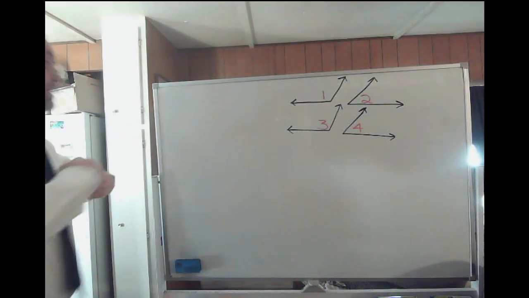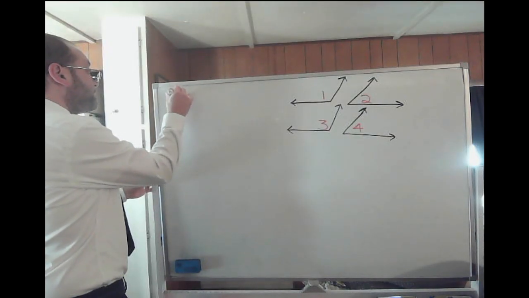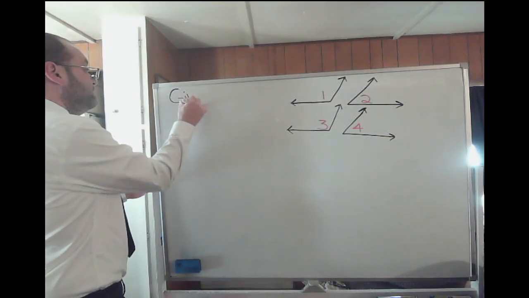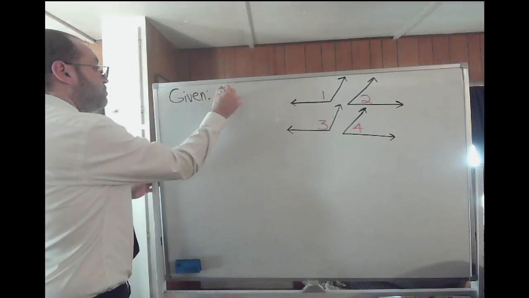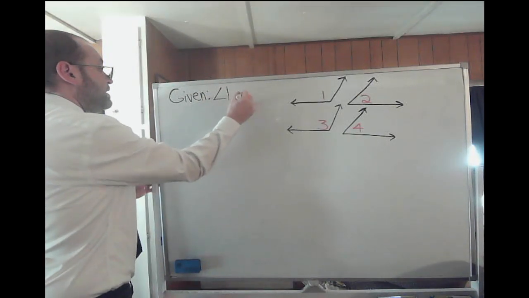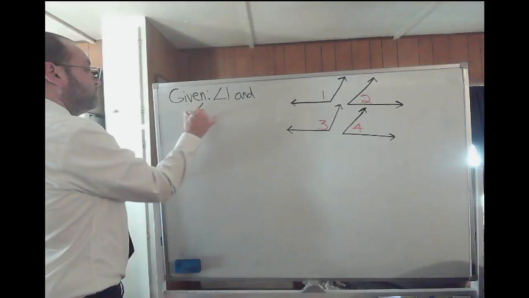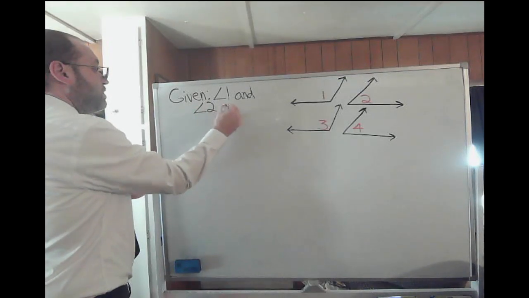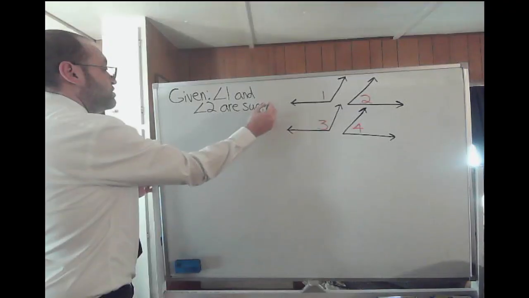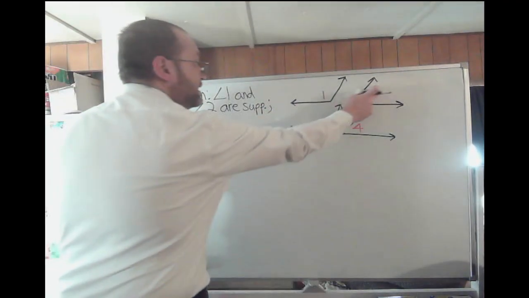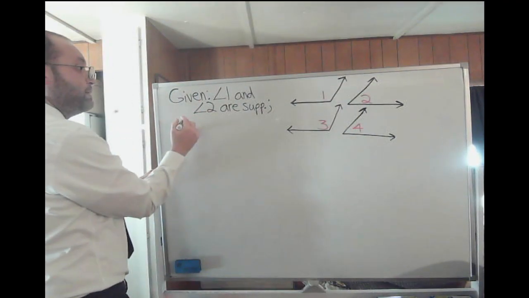Now what they're going to give us here, so we are given angle 1 and angle 2 are supplementary. So right away we're given that angle 1 and angle 2 are supplementary.